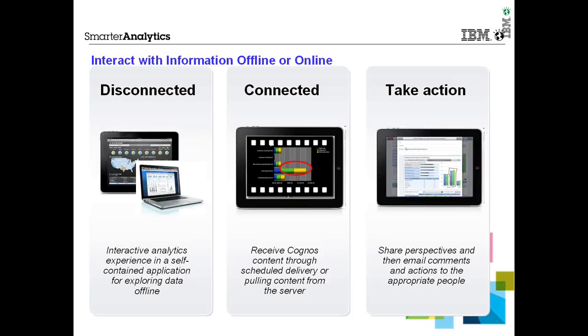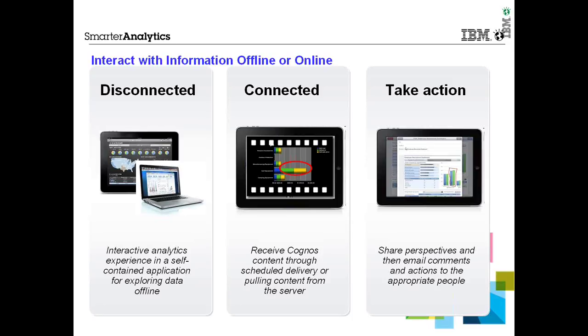Now, once I take a proper decision, it's important that I act on it. How does the mobile device help me to act on it? Using the IBM Cognos Mobile apps for iPad, you can quickly communicate or send an email to the respective team member whom you want to take some action, or you can give him the guidance. So we get the information in disconnected mode, and we do the analysis there.